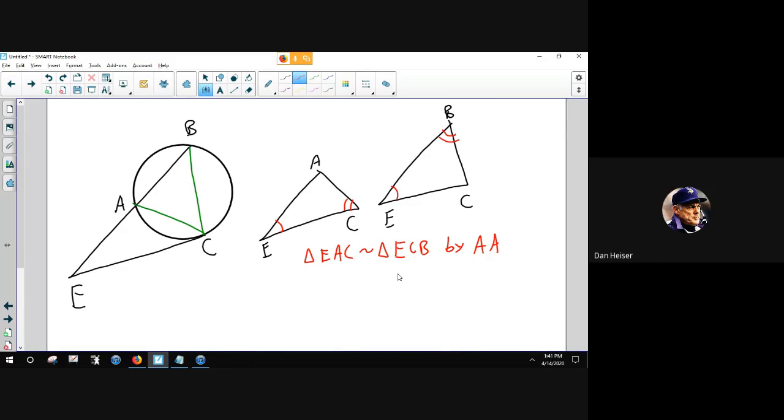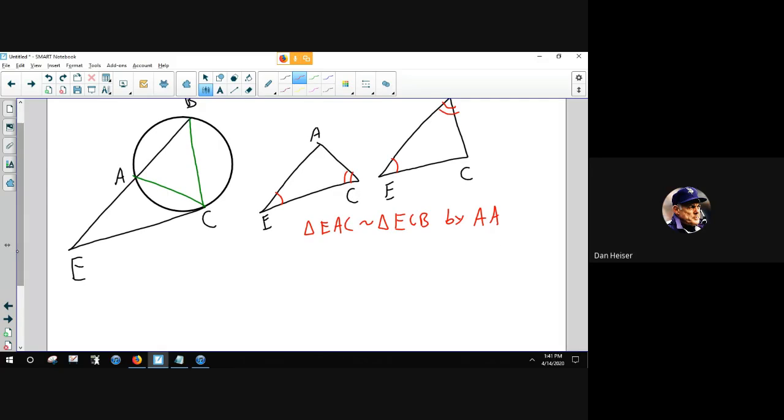Now I've noticed something a little weird. I've got EC in this triangle, and I've got EC in that triangle in different places. This EC stands for something different than this EC. Similar to when we looked at geometric means earlier in the year. That's about to come up. So, I'm going to make my ratios similar to what I did last time. I have an outside part, EA.